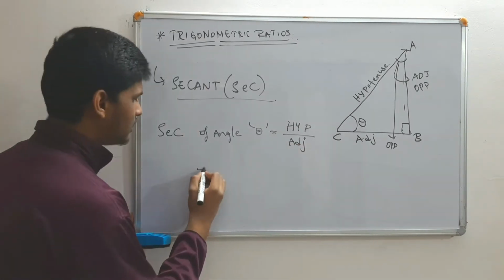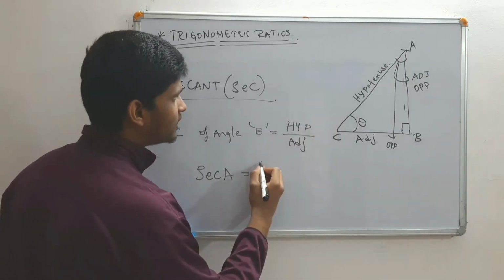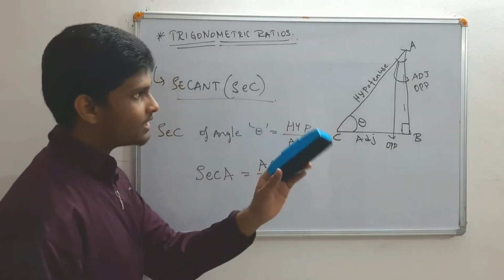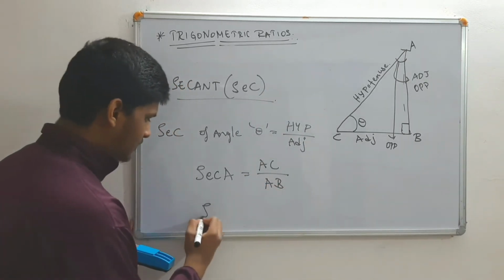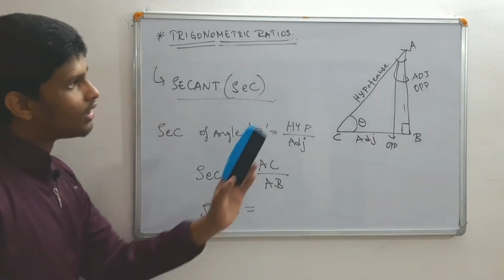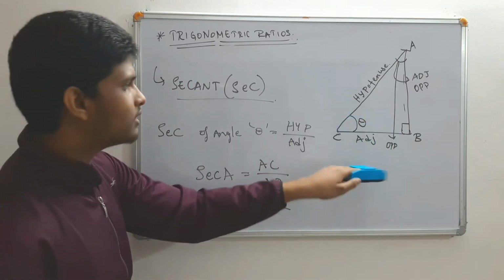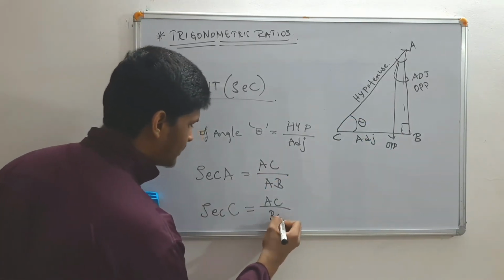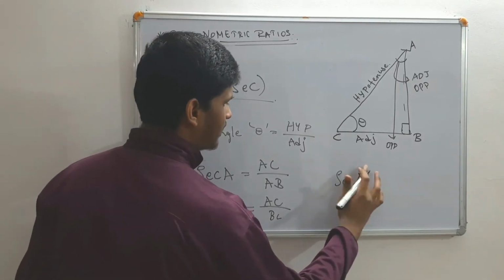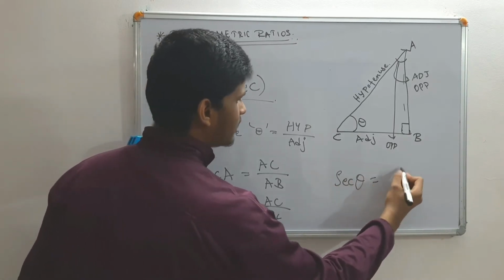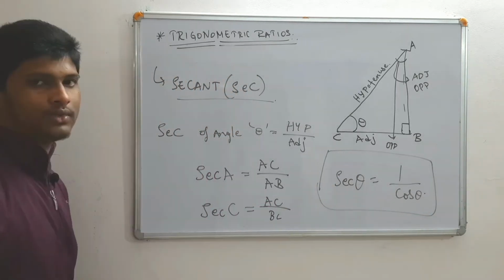If you consider secant A, it will become hypotenuse, which is length of AC, divided by adjacent side, which is length of AB. And for secant C, hypotenuse side is AC divided by, for this angle, adjacent side BC, so length of BC. This is about secant. And you know that secant of any angle theta is the reciprocal of cos theta. So that's about secant.